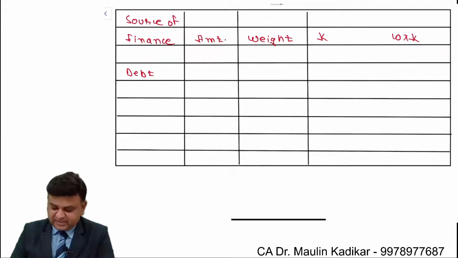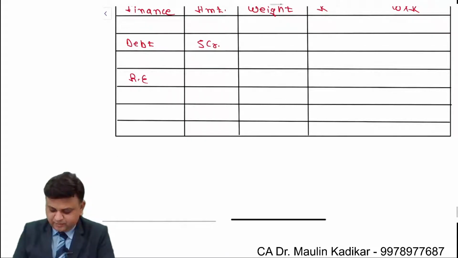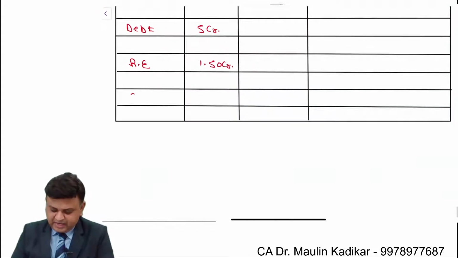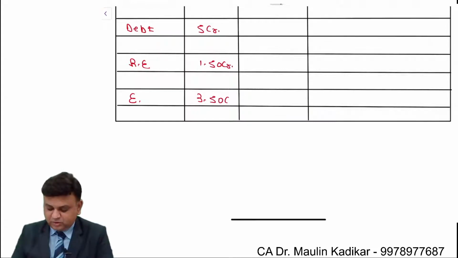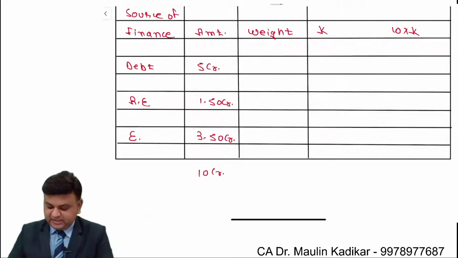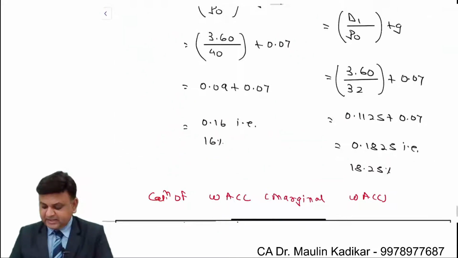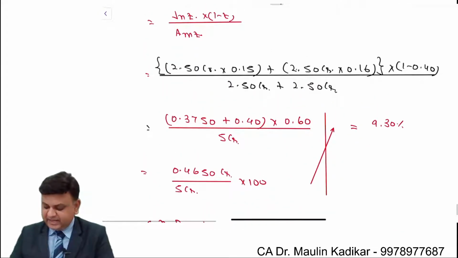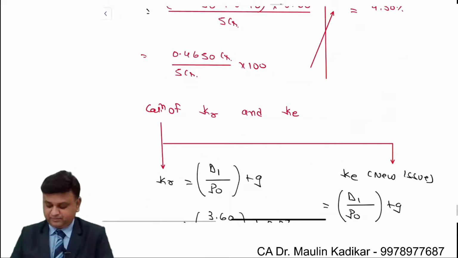As far as the debt financing is concerned, it is 5 crore. Retained earning is 1.5 crore. And equity share capital is 3.5 crore. So the total is 10 crore. So the weight of debt financing is 0.50. We already have found its cost is 9.3. So the cost in respect of the entire debt financing is found.